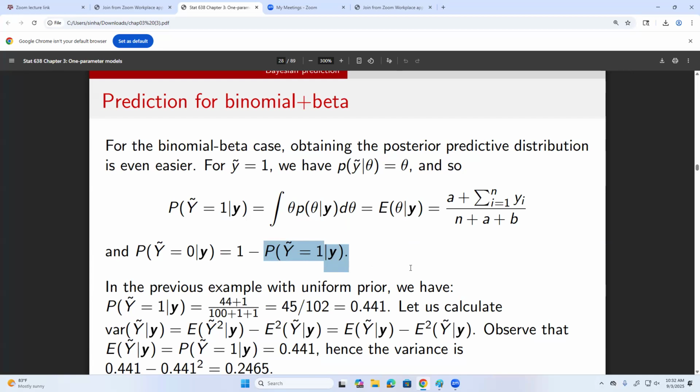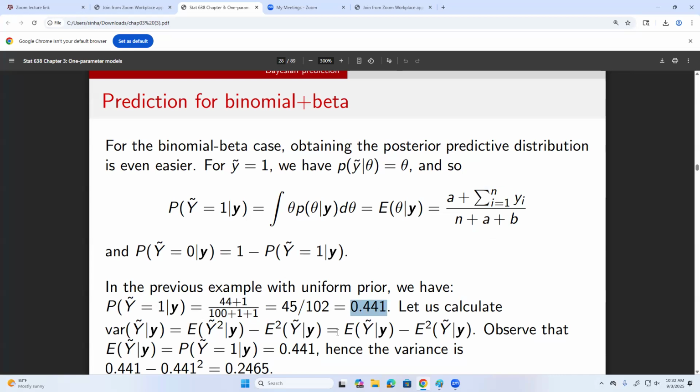Now in the previous example, with the uniform prior, that means a equal to 1, b equal to 1, we observed this probability to be 44 plus 1 divided by 100 plus 1 plus 1. 44 because number of successes was 44 and a equal to 1 and b equal to 1 and n was 100. So it came out to be 0.441.